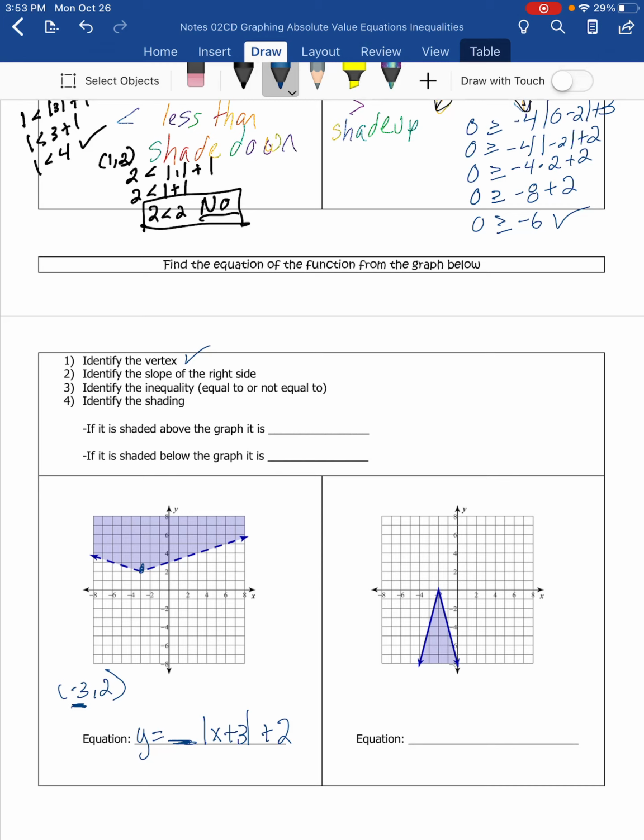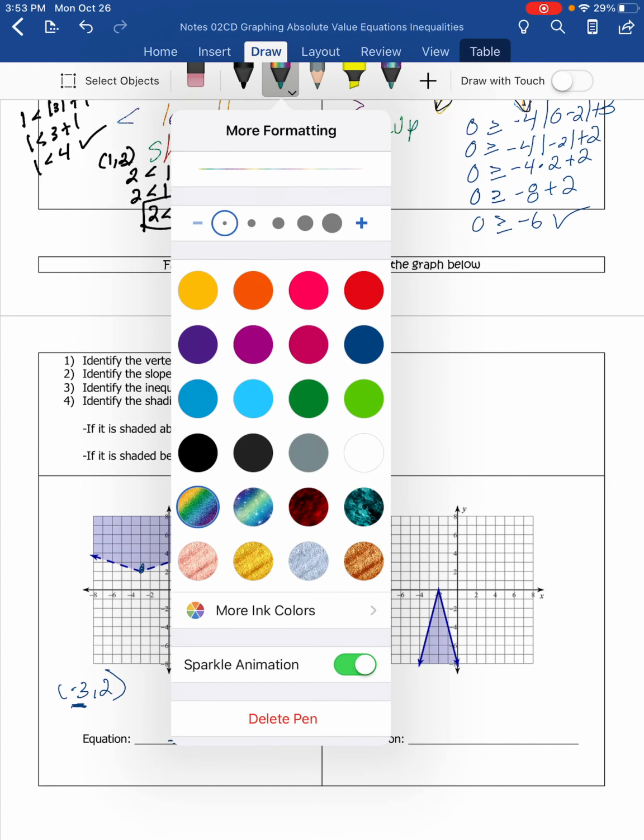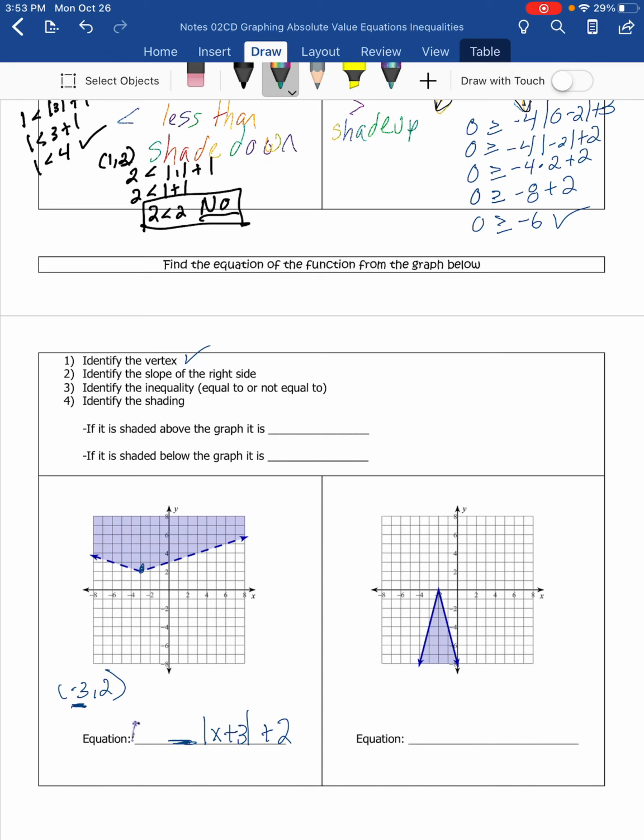Okay, the next thing is identify the slope. I shouldn't write that as equal to, it just should be blank right here. We'll talk about that in just a second. I apologize for that. So it's going to be y is something times the absolute value of something, plus something. Okay, identify the slope of the right side. So how do I get from one point to the next? Let me pick a point.